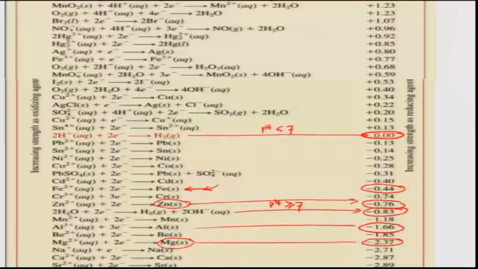From this we can definitely make out which one would act as noble and which one would act as active. So, active metal and noble metal can be judged from this series, or the active reaction or cathodic reaction. This is the series where I can see which reaction is going to be cathodic and which is going to be anodic.